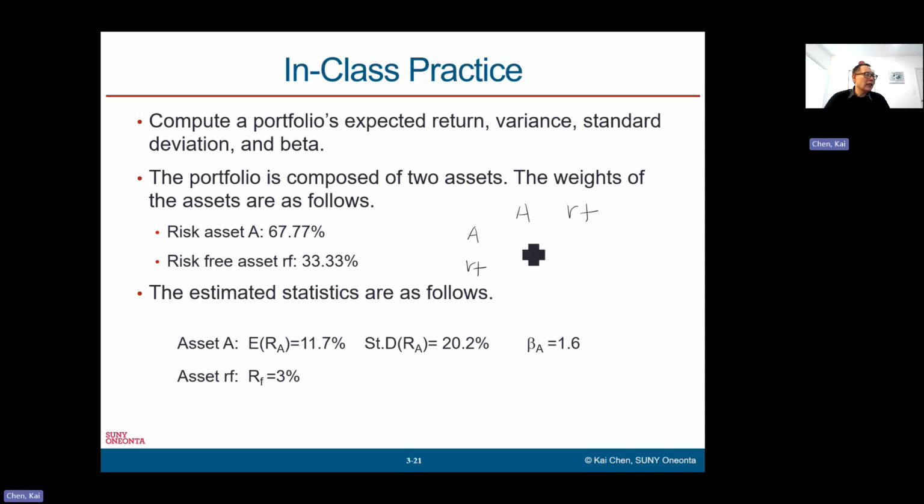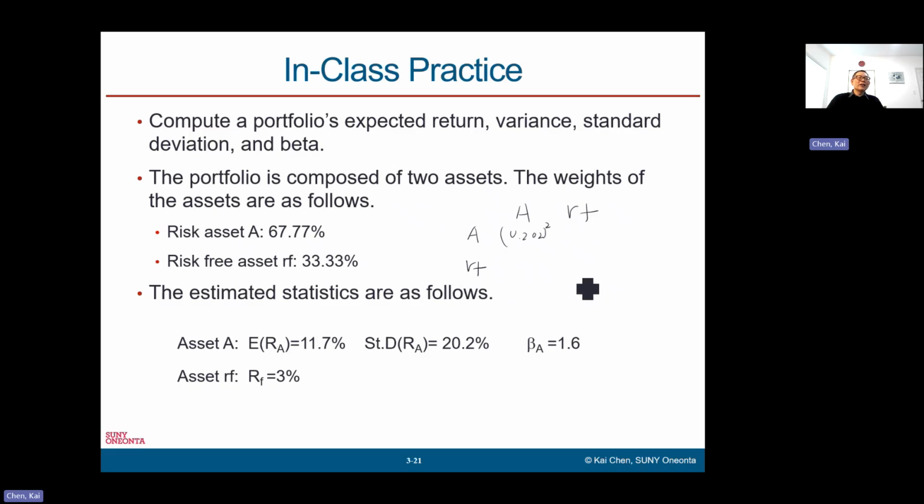Now let's look at the variance of asset A. We know the standard deviation of asset A is 20.2%. Then the variance of asset A should be 0.202 squared. That is the variance. And then what is the variance of the risk-free asset?